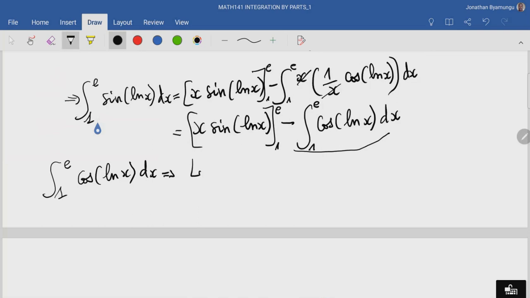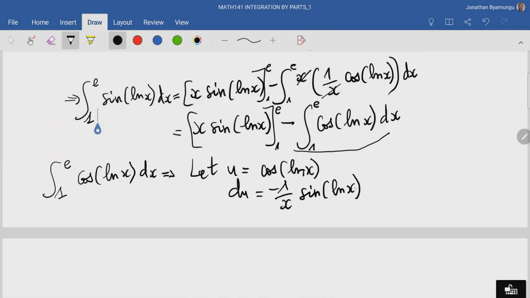Using the same logic for our substitution, we let u be equal to cos of ln of x, meaning that du is equal to negative 1 over x sine of ln of x, and dv is equal to dx, which means that v is equal to x once again.